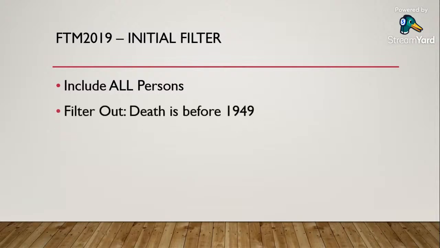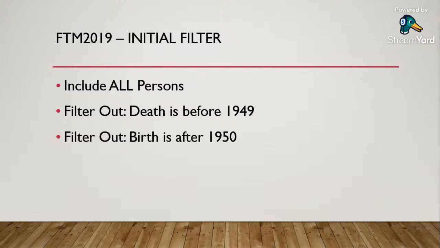Then I filtered out anyone whose birth date was before 1949. So I may get a couple people on my list, but that's okay. I wanted to get rid of anybody who had a death date before 1949. I also then filtered out anybody whose birth date is after 1950.